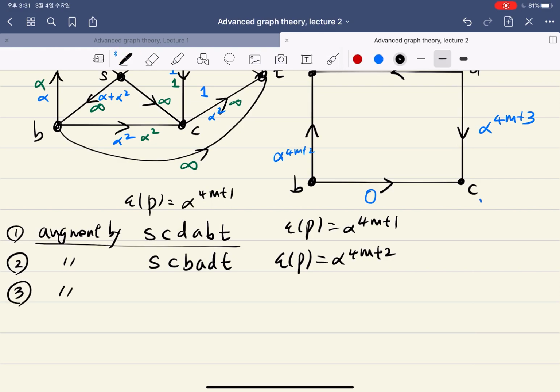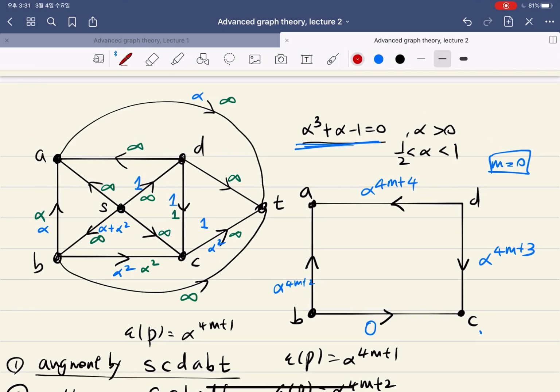And then now we want to augment it again by S, A, B, C, D, T. So this is again an augmenting path.